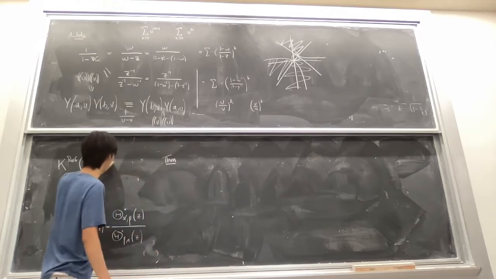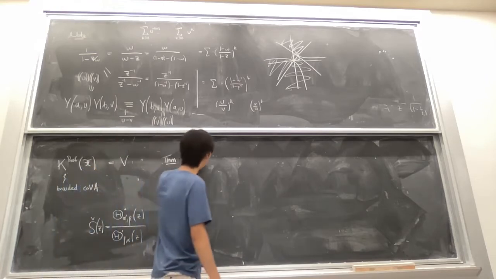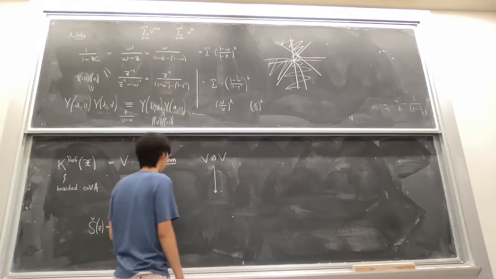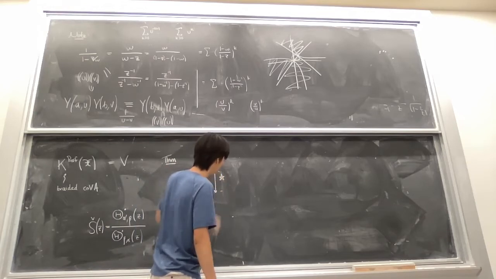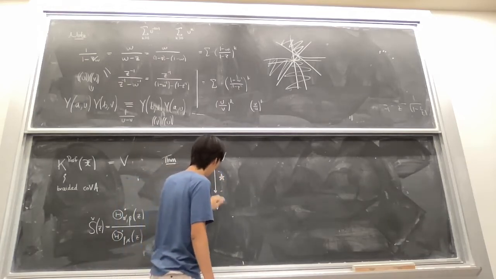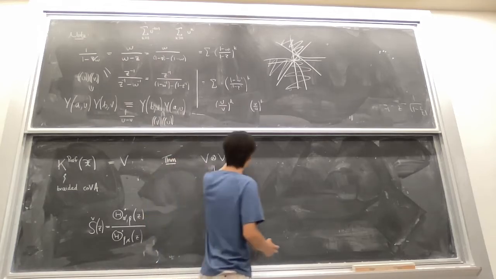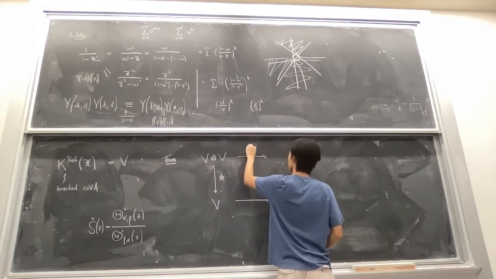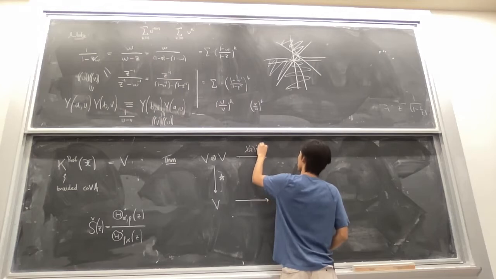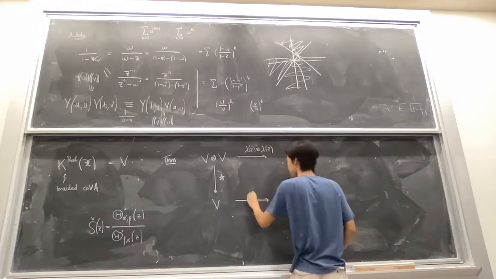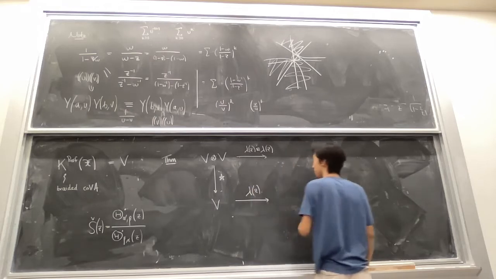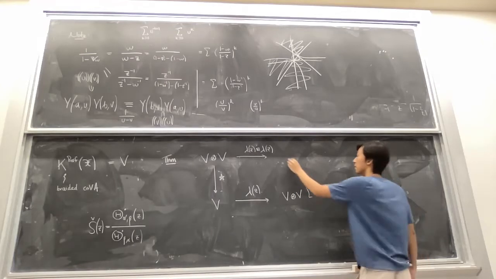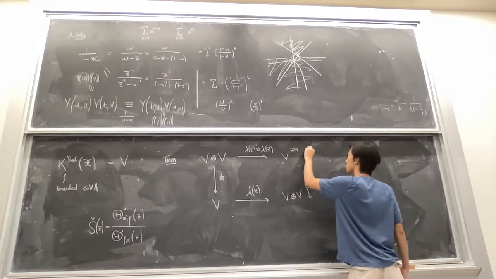Let's abbreviate this as our state space V. Starting from V tensor V, you can do two things. You can either apply your product, or you can do your vertex coproduct, vertex coproduct box times vertex coproduct, where you get V tensor V with some more stuff.